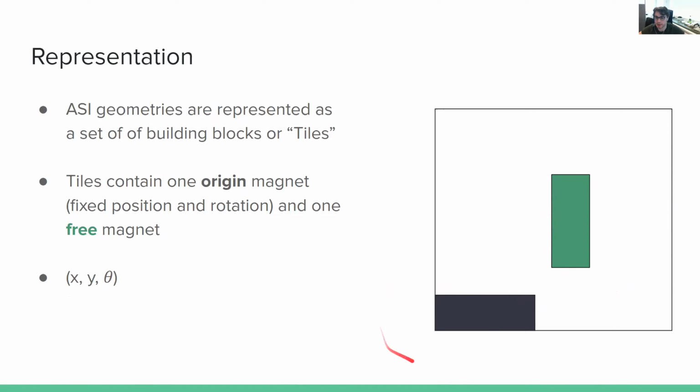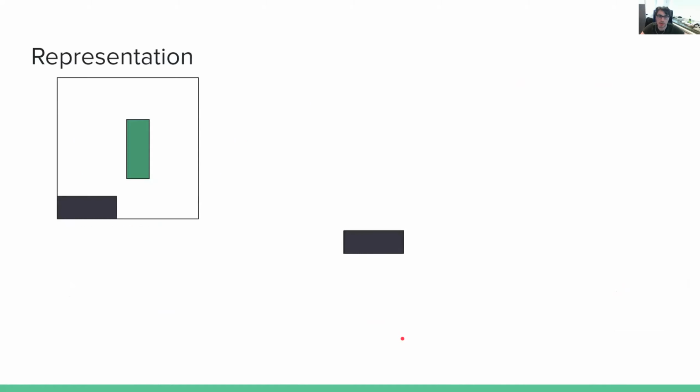But it helps a lot to have this pictorial representation in mind when talking about how the development process works. Very simply, we have a magnet and a tile we want to apply to this magnet. All we have to do to apply this tile is line up the origin magnet with this magnet. And then wherever this green magnet ends up, that's where we place our nanomagnet.